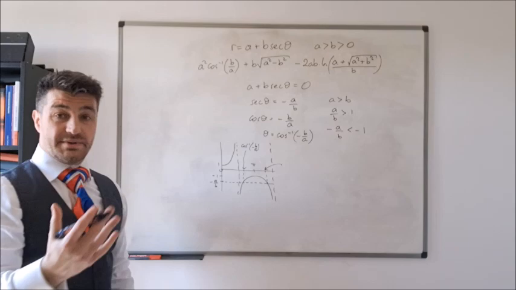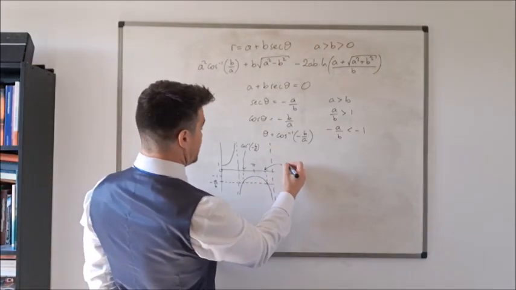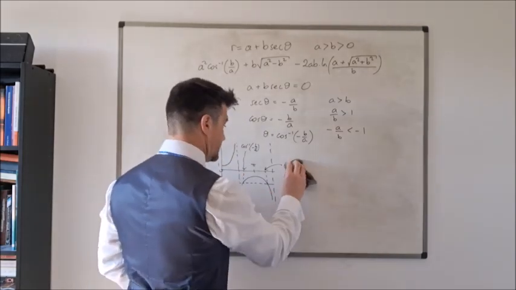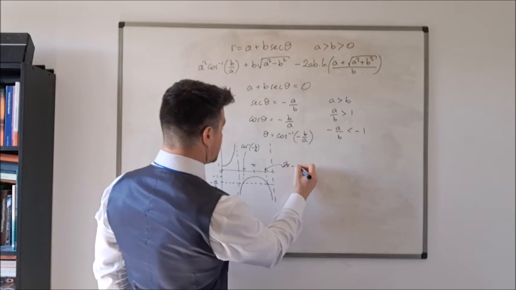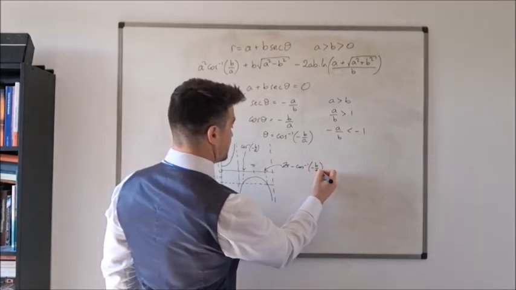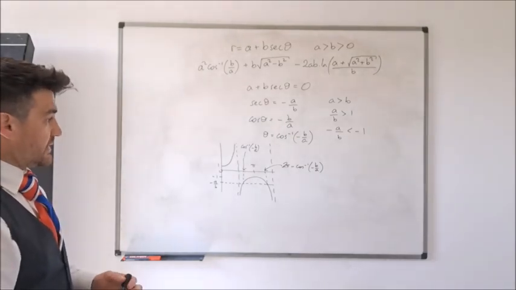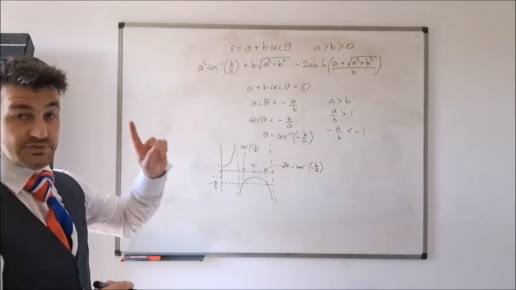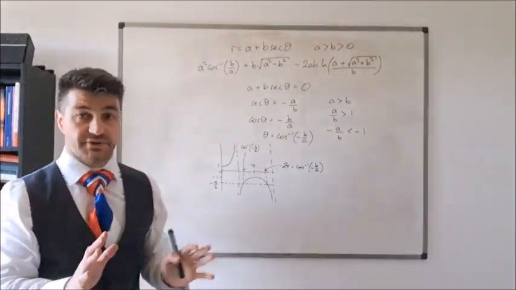The other one, by symmetry of the graph of sec, is going to be at inverse cos, 2 pi minus inverse cos minus b over a. Okay, so that tells us that there's a loop. There's one loop in the curve, r equals a plus b sec theta. So that's the first bit done.